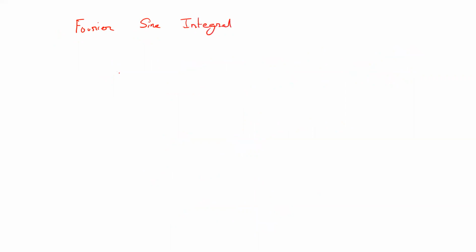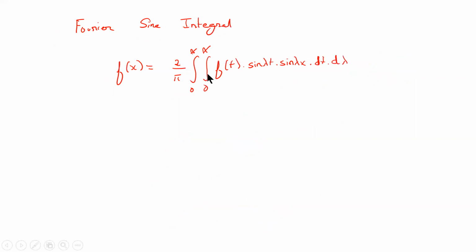The Fourier sine integral is f of x equal to 2 by pi, integral 0 to infinity, integral 0 to infinity, f of t sine lambda t sine lambda x dt. So two integrals. The inside integral is on dt, the variable t, and outside is on lambda.